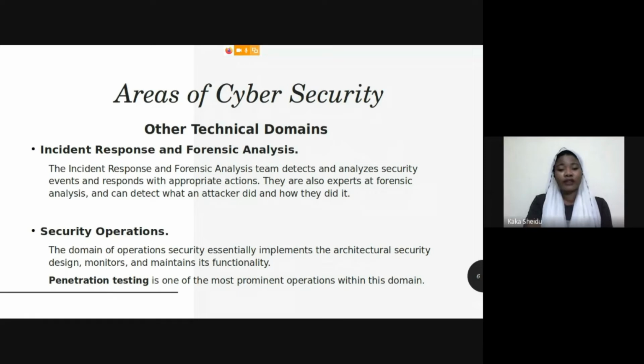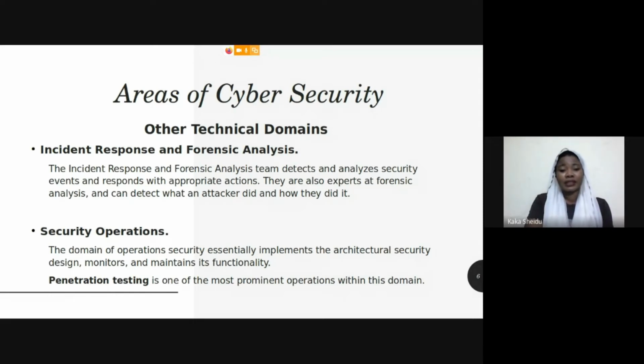We have other technical domains: incident response and forensic analysis, and also security operations. Incident response and forensic analysis is traditionally known as the computer emergency response team, the CERT. You can also call it DFIR, that's digital forensics and incident response.